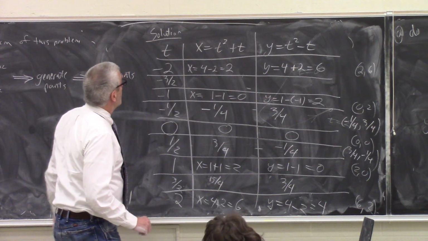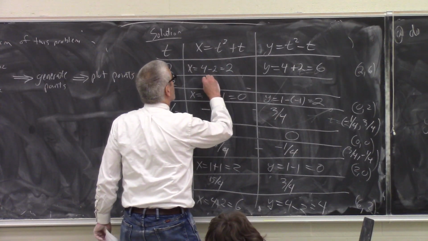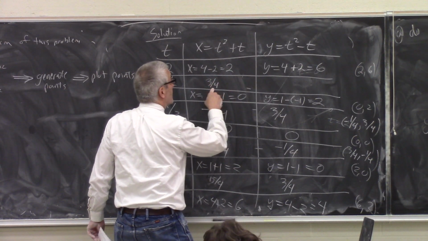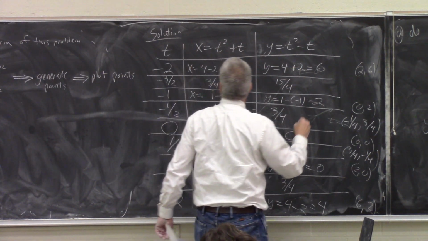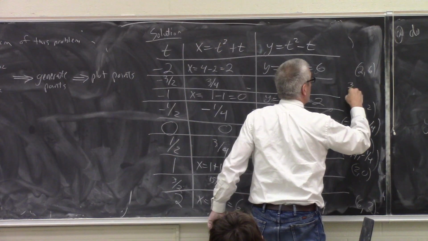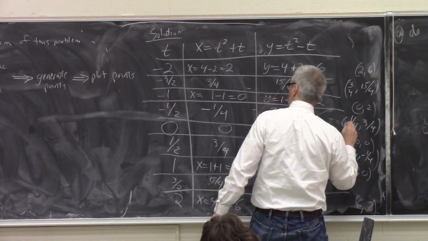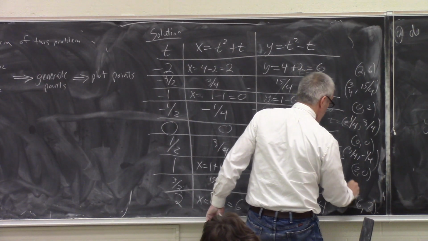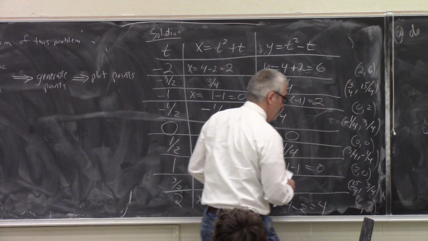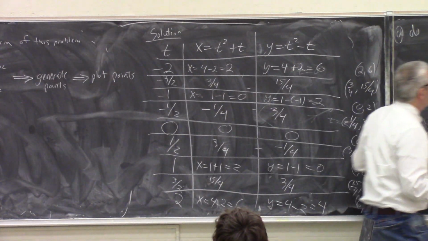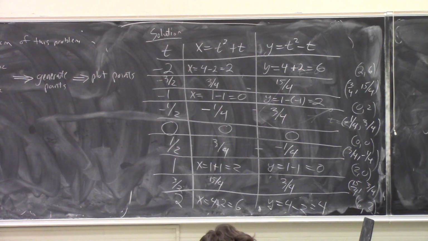And then when t is minus 3/2, I'm going to have 3/4 here, and I'm going to have 15/4 here. So I've accumulated these points, 15/4, 3/4 and 3/4, 15/4. When I make the graph, you're going to see why I wanted those in-between points.